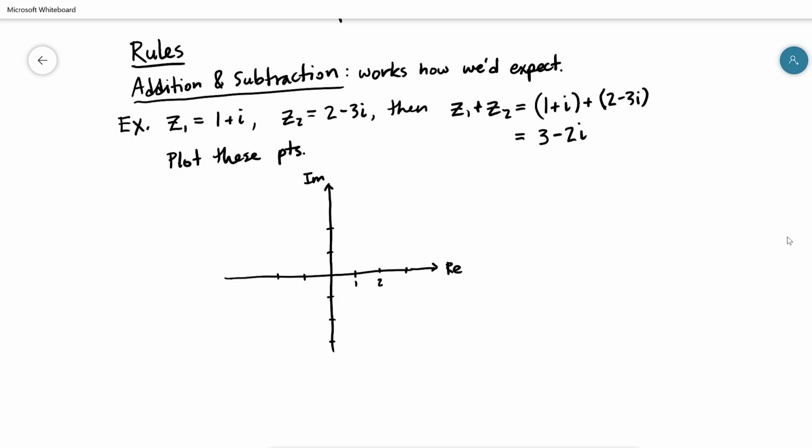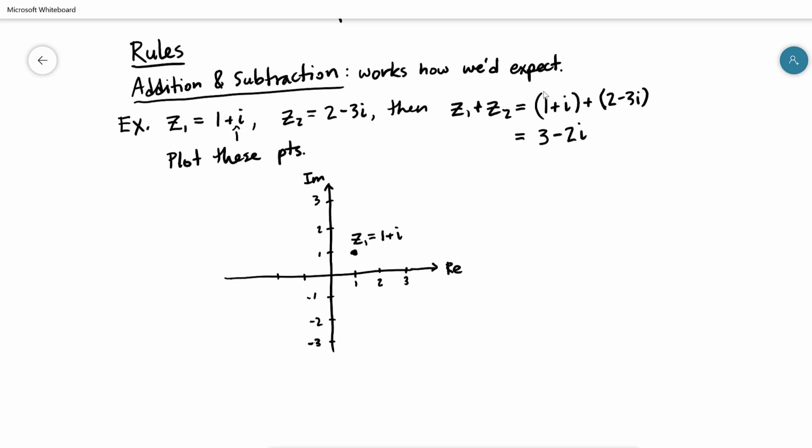So there's 1, 2, and 3 in the real direction, 1, 2, 3 in the imaginary direction, negative 1, negative 2, negative 3, and so on. So for example, the point z1, 1 plus i, go 1 in the real direction, and I also go, you imagine that there's a coefficient sitting in right there of a 1, 1i, so I'm going to go positive 1 in the imaginary direction. There's going to be a point right here. So there's the point z1, which is 1 plus i.